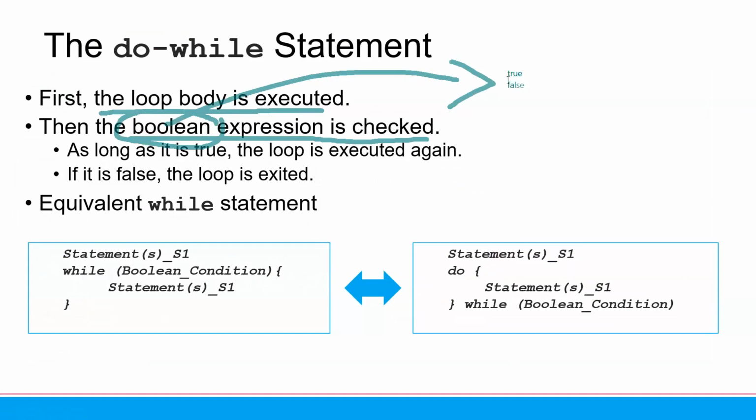And as long as it is true, the loop is executed again. If it is false, then the loop is exited. We will not do any statement in the loop.